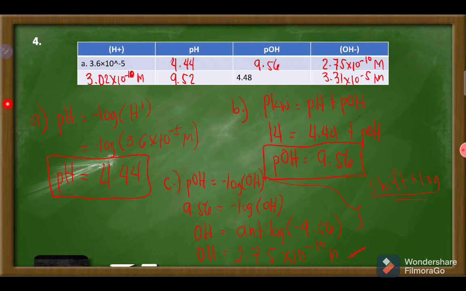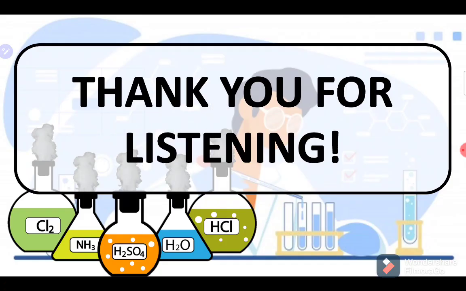So that will be our values now. We were able to complete the table. So that's the process on how you're going to compute for the pH, the pOH, and the ions for hydrogen and the hydroxide. That will be all.